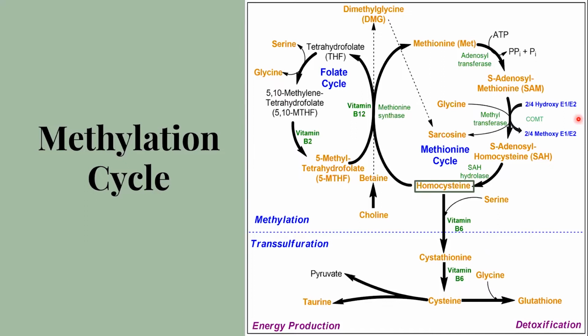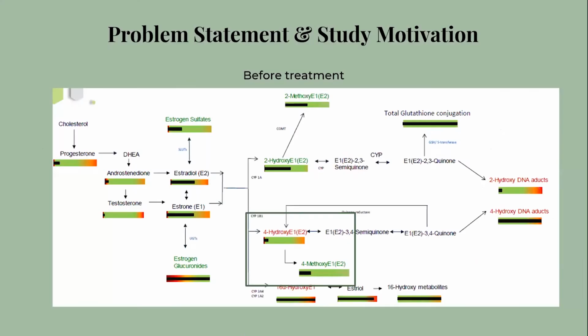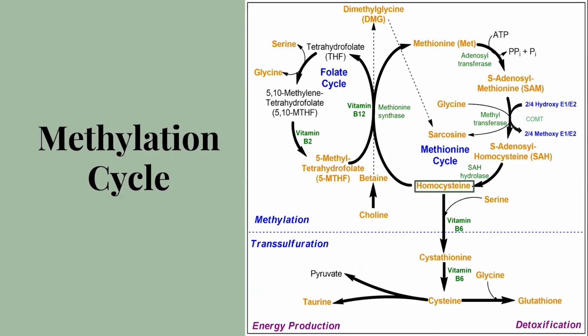During this process, a methyl group is donated by the folate cycle, which is closely linked to the methionine-homocysteine cycle. As you can see, there is a large amount of metabolites and cofactors in this cycle, and the regulation of all of these metabolites and cofactors is critical to ensure the effectiveness of this cycle.